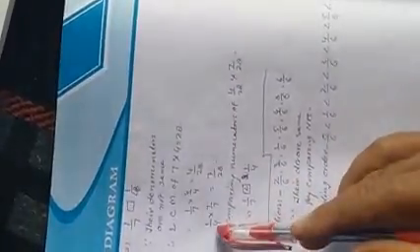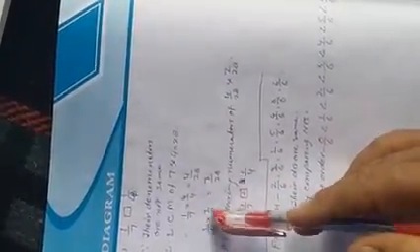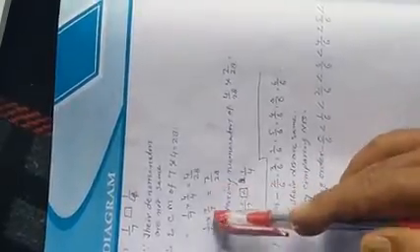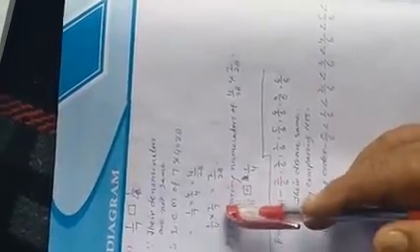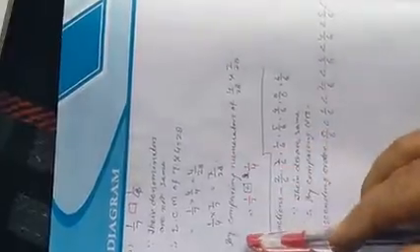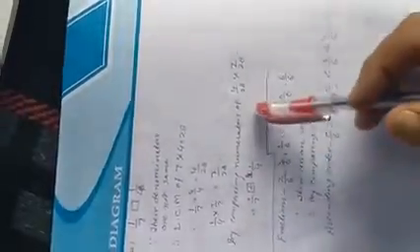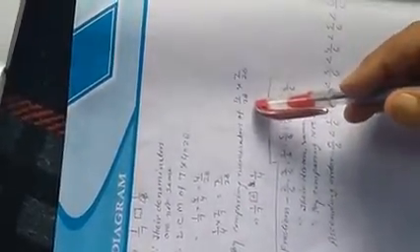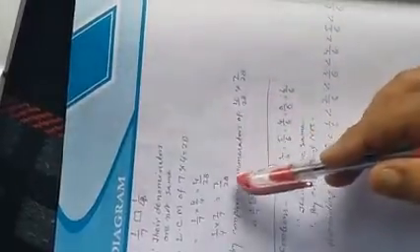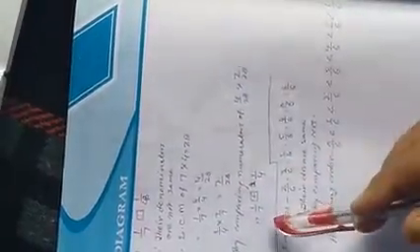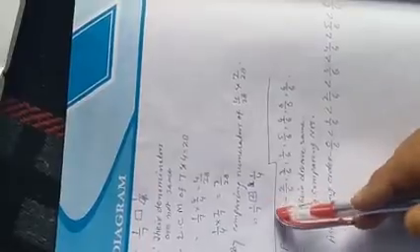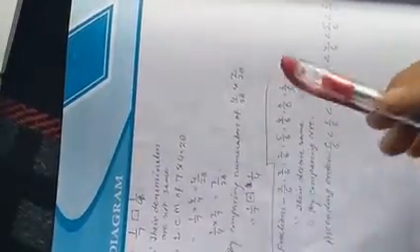Now 1 by 4 into 7 by 7 is equal to 7 ones are 7, 7 fours are 28. By comparing numerators of 4 by 28 and 7 by 28, which implies 1 by 7 is less than 1 by 4.